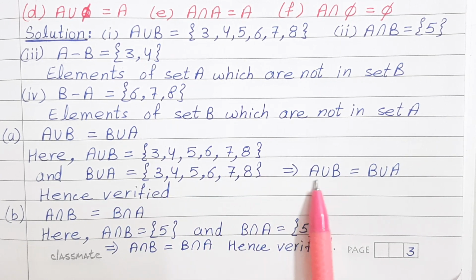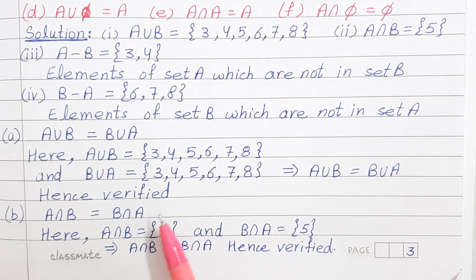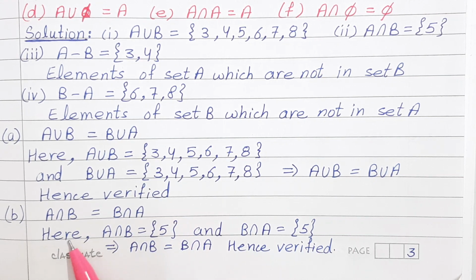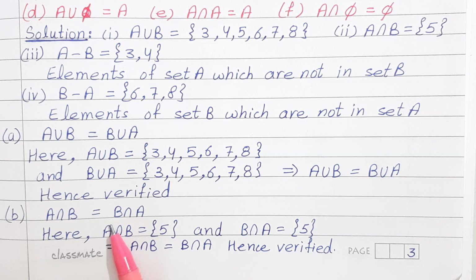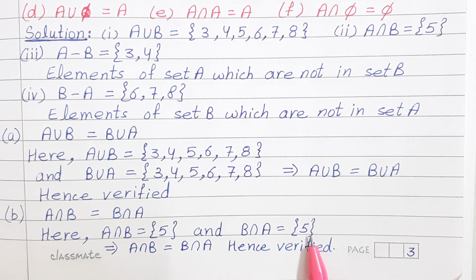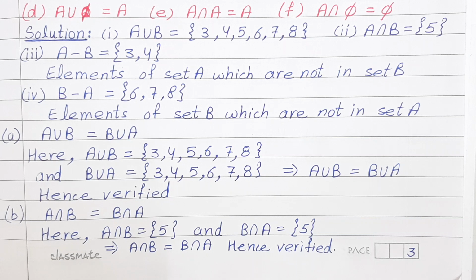So, this implies A union B is equal to B union A. Hence, verified. Clear? Now, the next part, we have to prove that A intersection B is equal to B intersection A. Now, children, in this case, we know that A intersection B is 5 and similarly, B intersection A is also 5. So, the two are equal, hence verified, right?